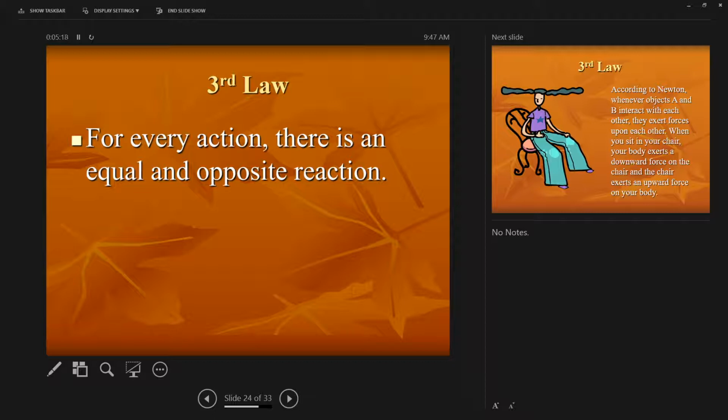So Earth pulls down on you with a certain force. This is equal to your weight. According to the third law, you also pull the entire Earth upward equal to your weight. It's the same force, because for every action, there's an equal and opposite reaction.